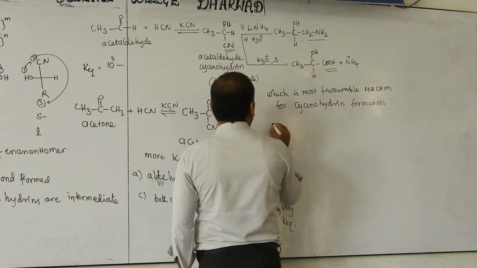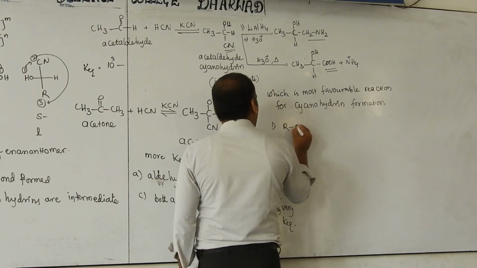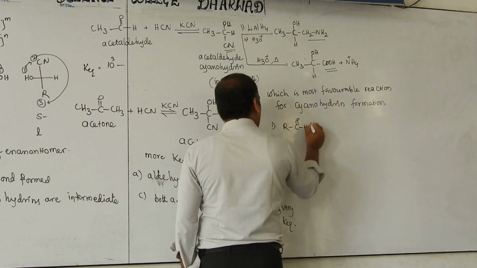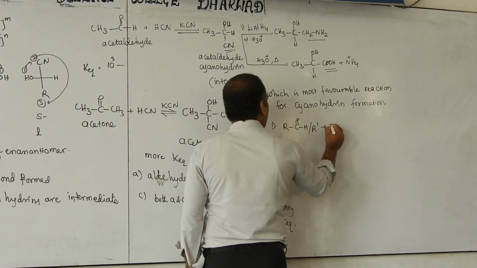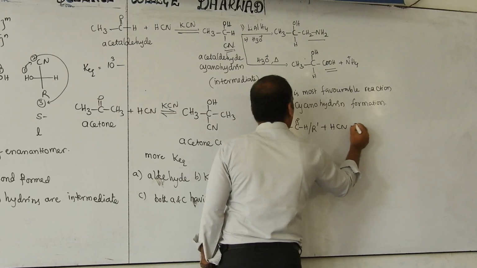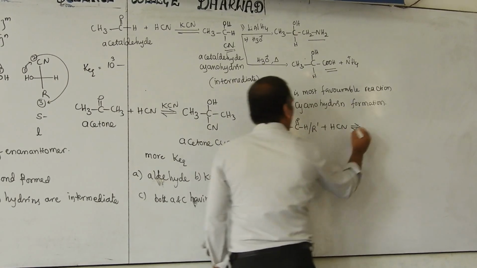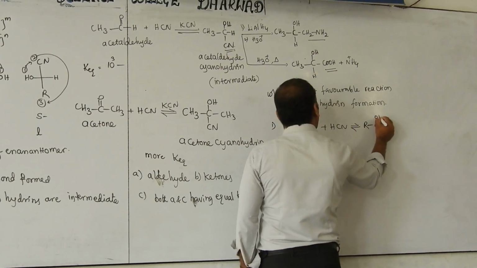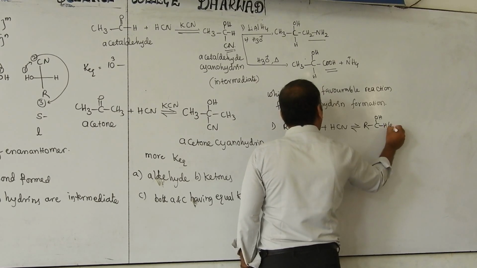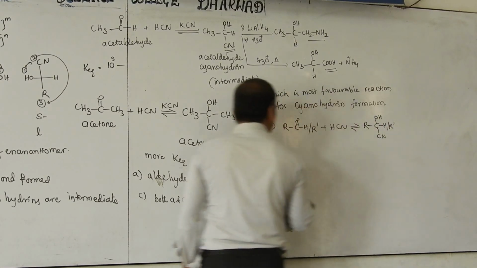Option A, aldehydes or ketones react with HCN. They form the cyanohydrin, RCOH, H or R dash, cyanide.